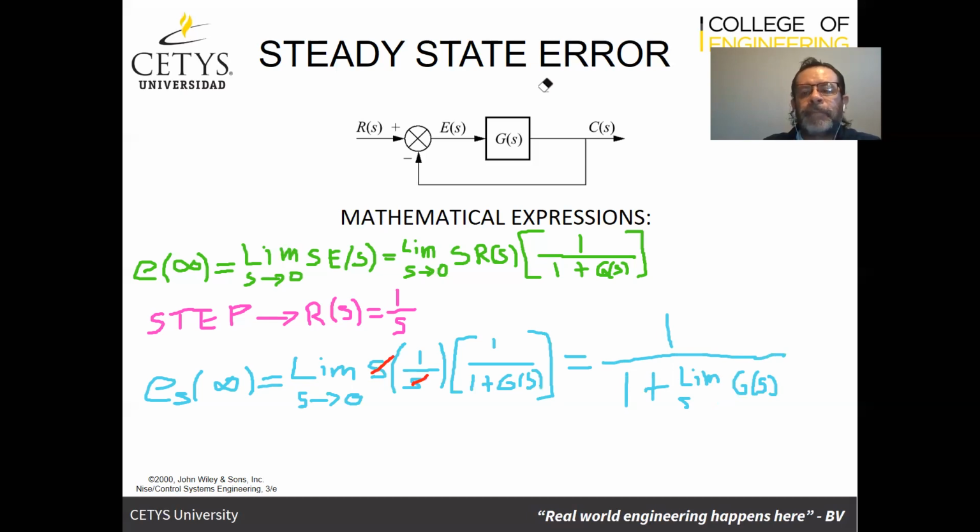And that limit has a name. This limit here is called KP, which is the steady state constant for position.